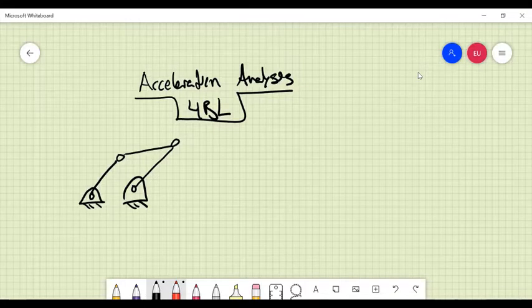Okay. And if you remember, the vector loop proposed to solve the position was this one. Right? That is not new. That has been mentioned in two topics now.